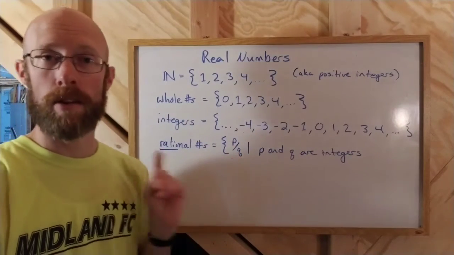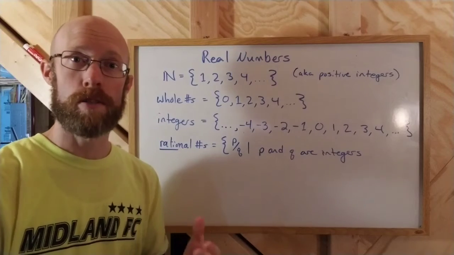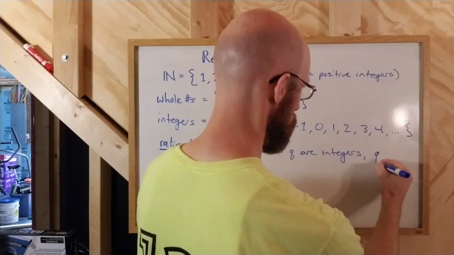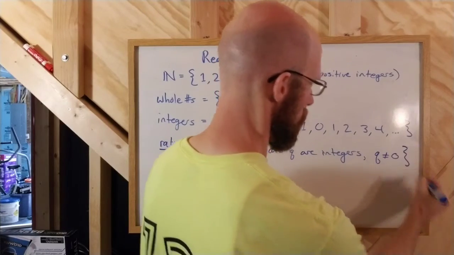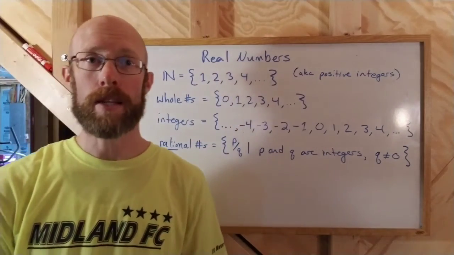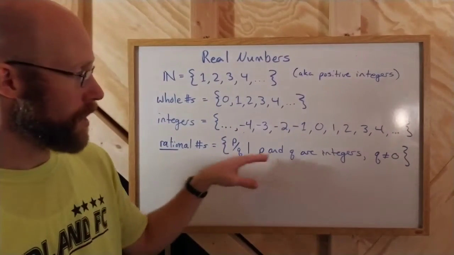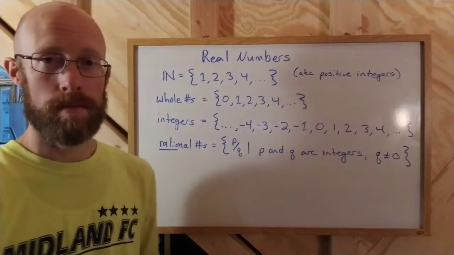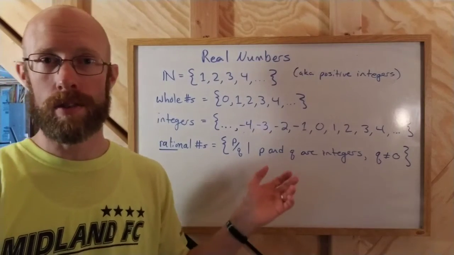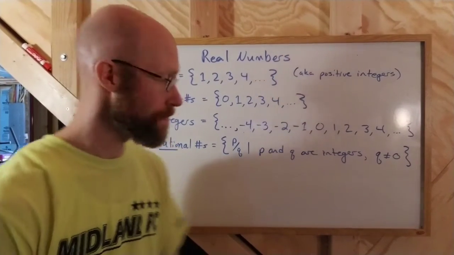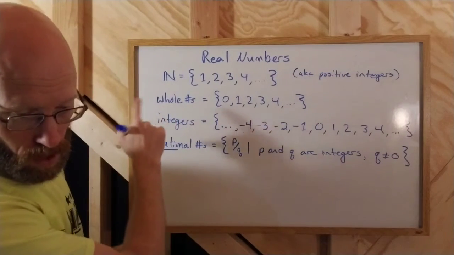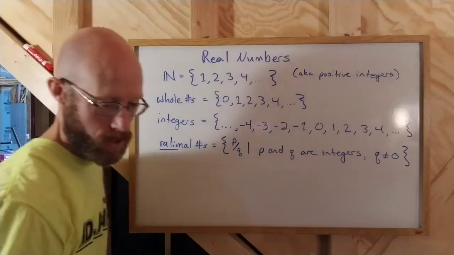However, the denominator cannot be 0. If you recall, division by 0 is undefined. And so I also have to have Q not equal to 0. Okay, as long as the bottom is not 0 and the top and bottom are both integers, then you have a rational number. Negative 54 over positive 13, for instance, is a rational number. Okay, so we've got natural numbers, whole numbers, integers, rational numbers.